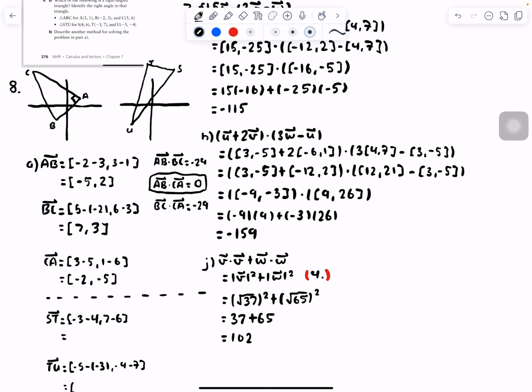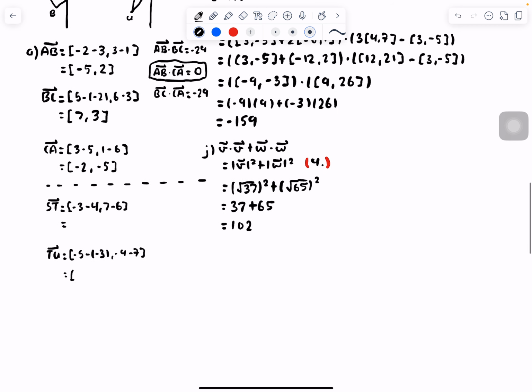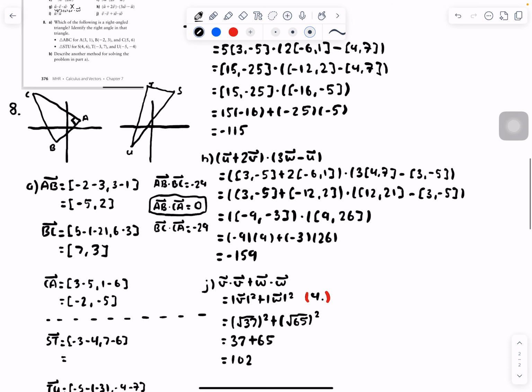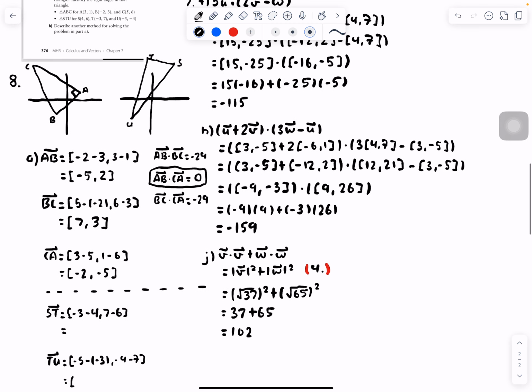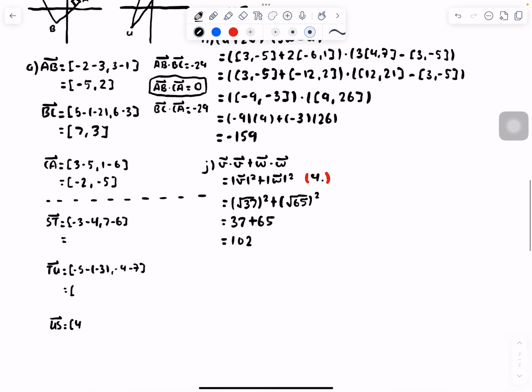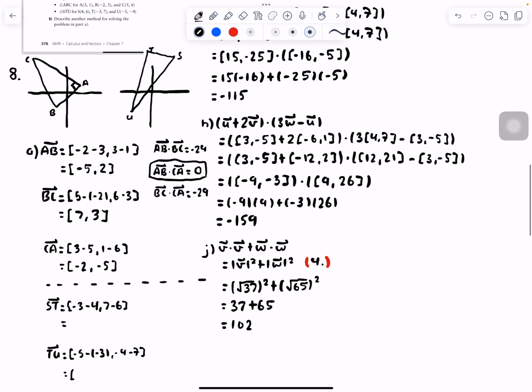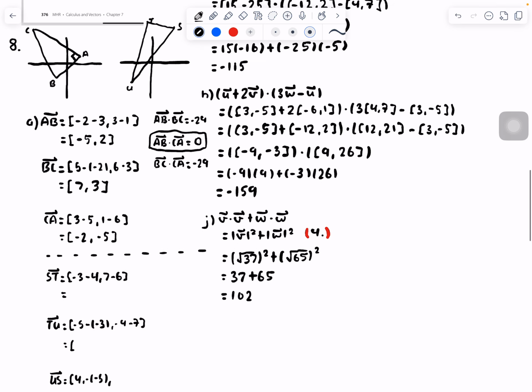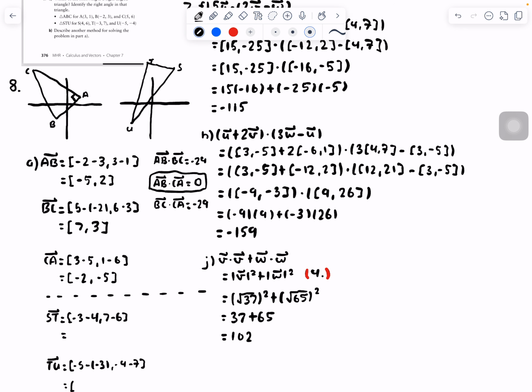So ST, TU, let's do US as well. The good old US of A. US, so we have 4 minus negative 5. 4 minus negative 5 and 6 minus negative 4.